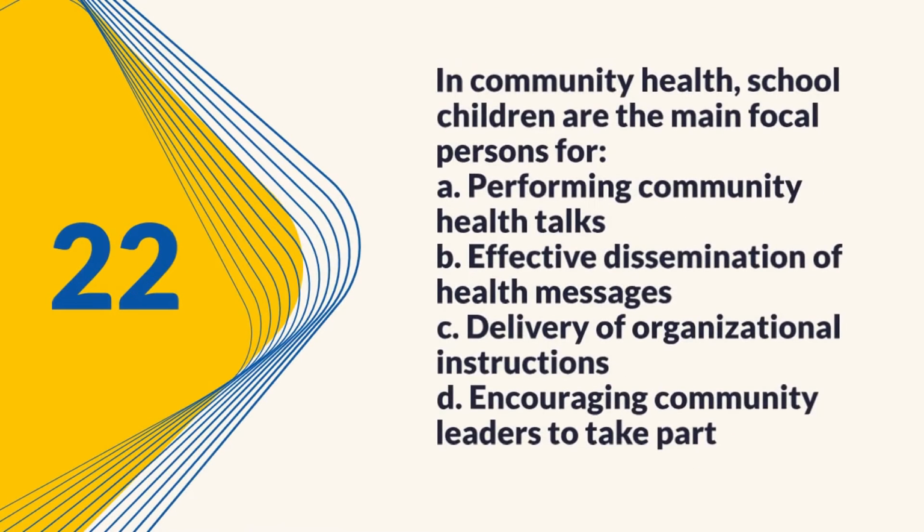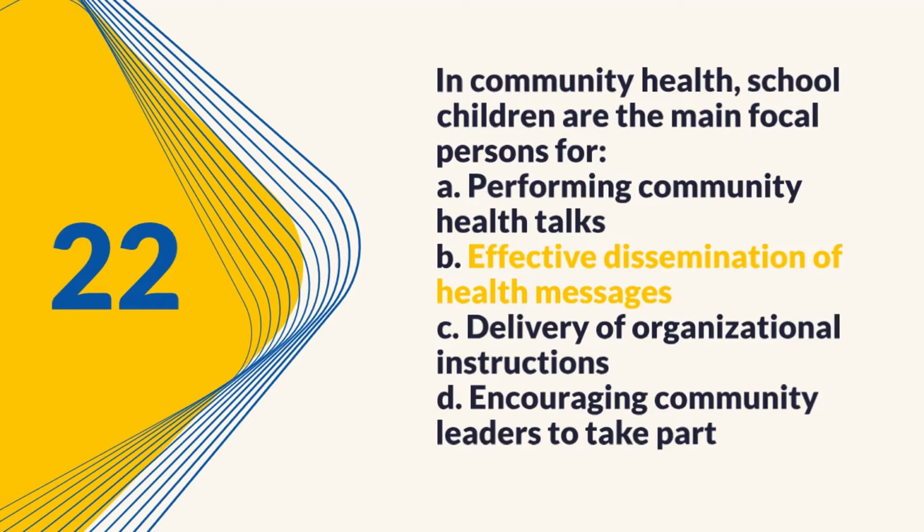22. In community health, school children are the main focal persons for A. Performing community health talks, B. Effective dissemination of health messages, C. Delivery of organizational instructions, D. Encouraging community leaders to take part. Answer: B. Effective dissemination of health messages.